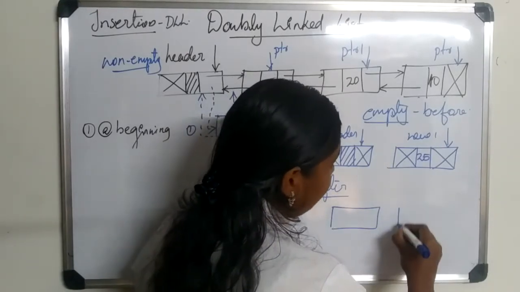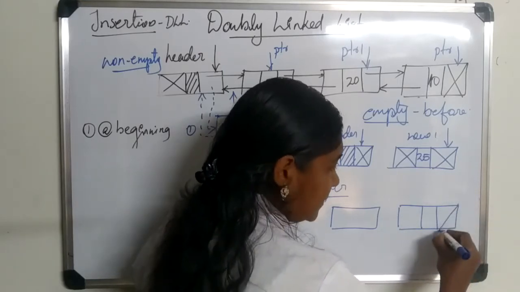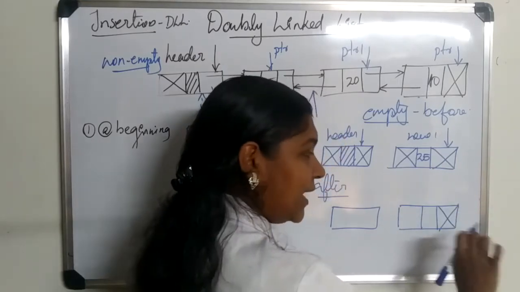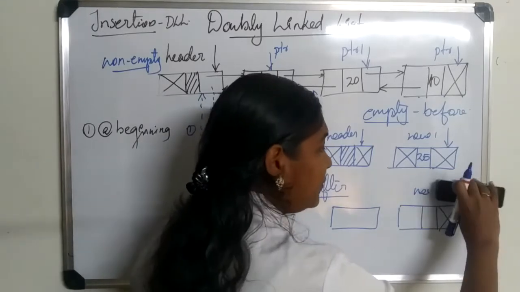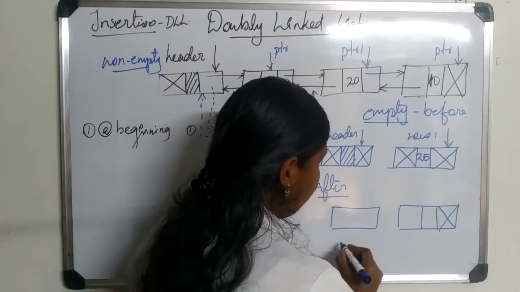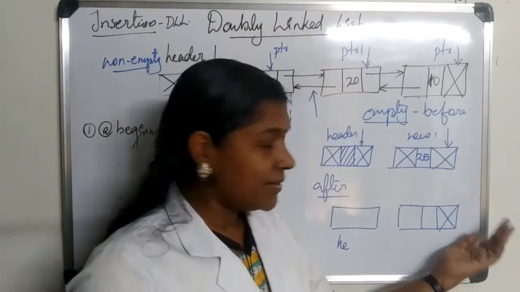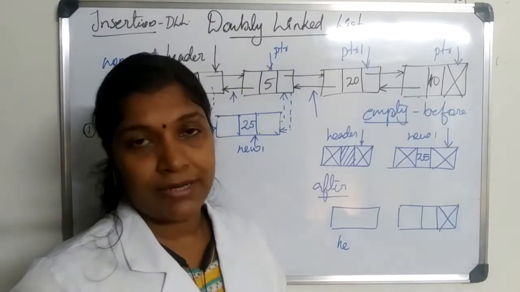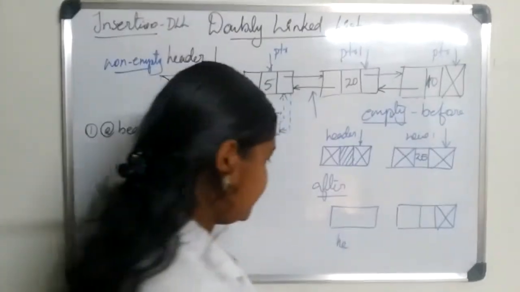This is our header. This is our new. This link will remain as null. Then there is no need of representing new again, because after adding the new node into our linked list, it has become a part of our linked list. So there is no need to represent this as a new node.